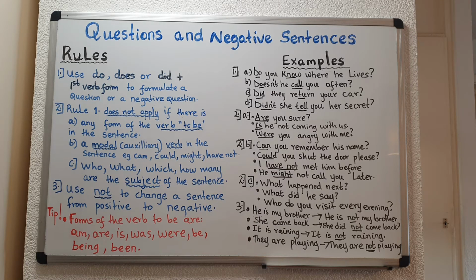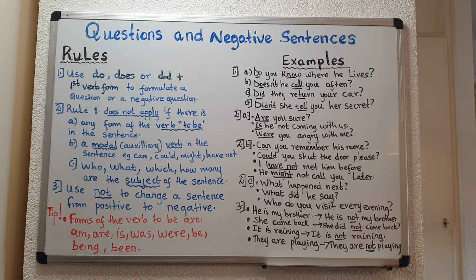So, you want to formulate a question or you want to formulate a negative question. You want to ask somebody a question or you want to ask a negative question. Then all you have to do is begin your sentence with do or does or did plus the original form of the verb. Let us look at how to do that.